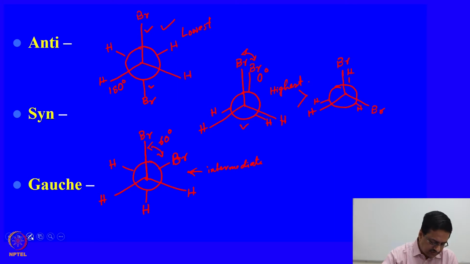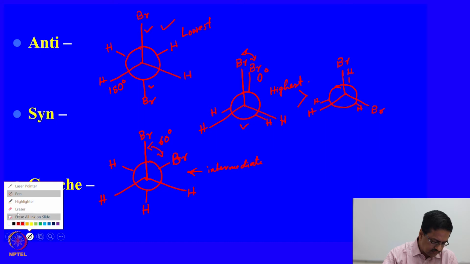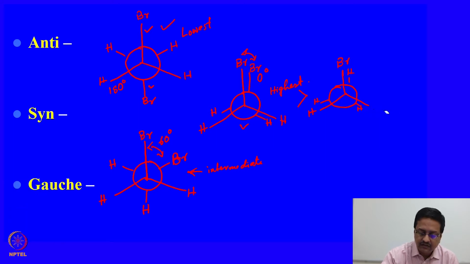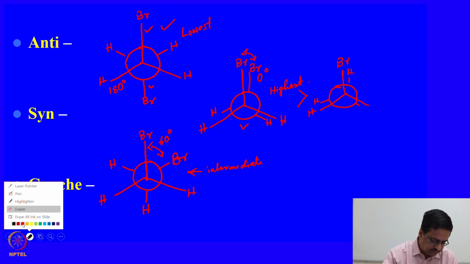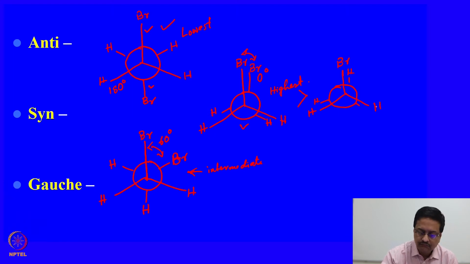I am sorry for this incorrect drawing, this bromine and that should be separate. So, in this particular case the bromines are far apart, so there is no steric strain, it has only the torsional strain present. So, this has slightly lower energy compared to the other syn conformation.